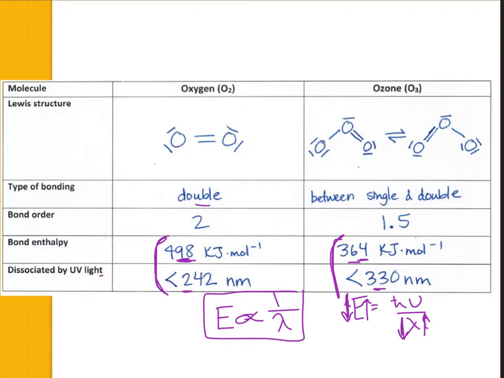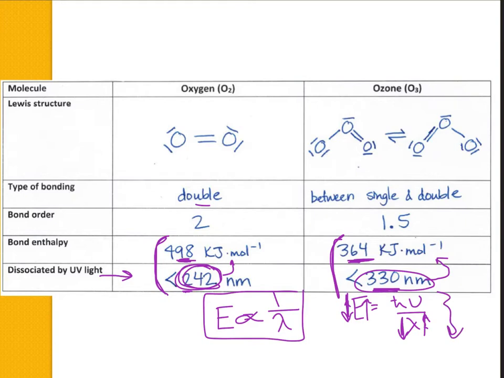Now these wavelength zones themselves are important. What this means is this is the amount of energy, this is the wavelength of light that would break the bond that required that exact amount of energy. So if I'm trying to break ozone's bond, I would need a wavelength of about 330 nanometers. So if this wavelength of light is being used to break the bonds, then it's not being transmitted down to Earth where it can hurt us.